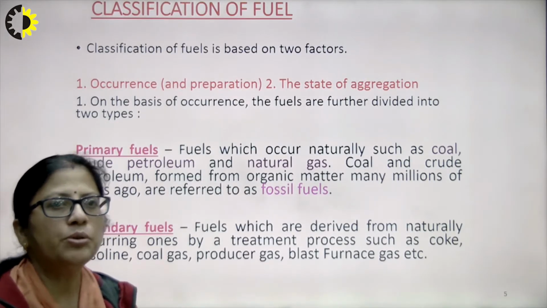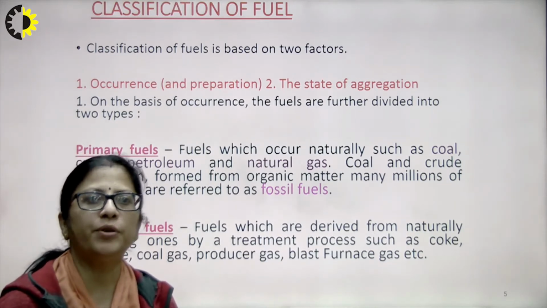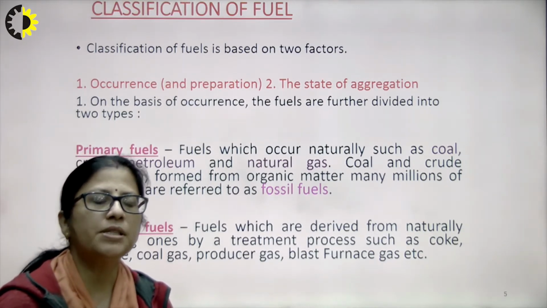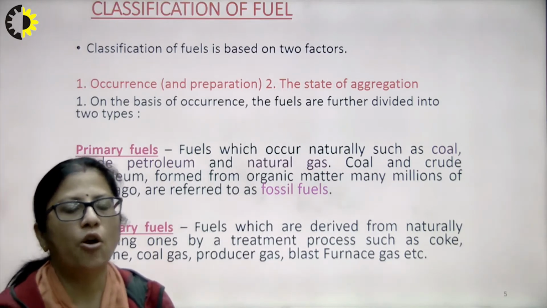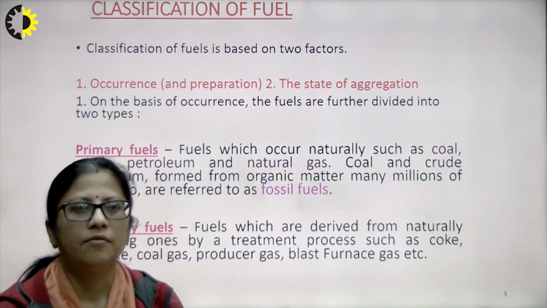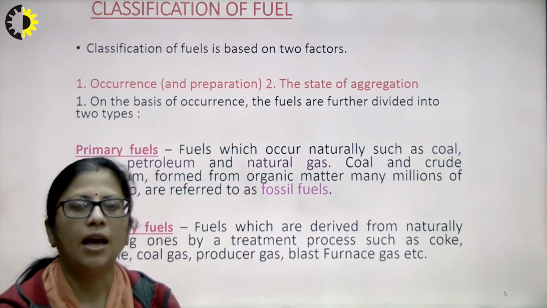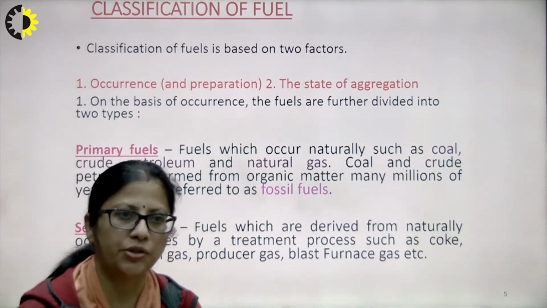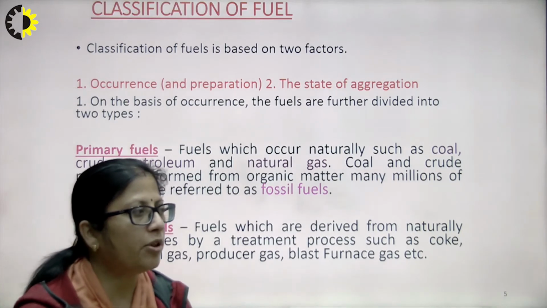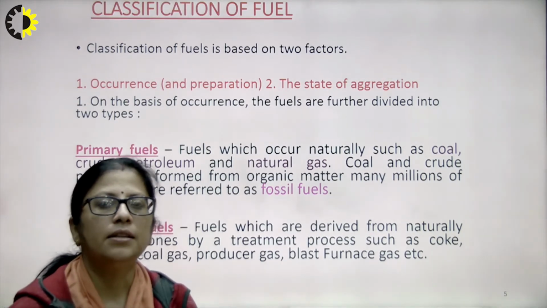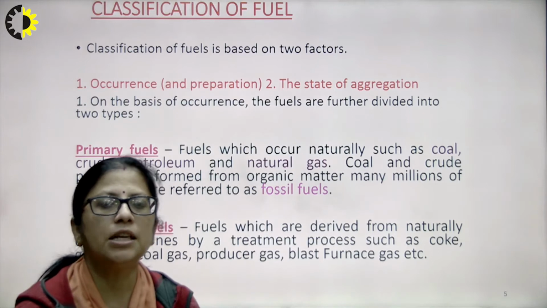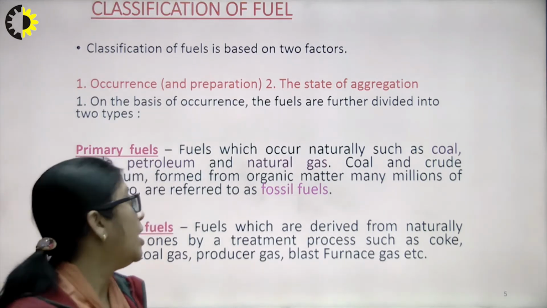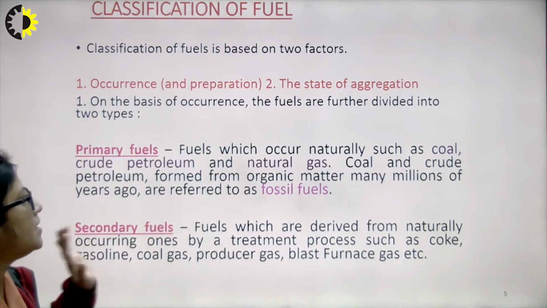Now coming to the classification of fuels. These fuels can be classified on two factors. First is the occurrence and how they are prepared, and the second is the state of aggregation. So on the basis of occurrence, fuels can be divided into two types, that is primary fuels and secondary fuels.